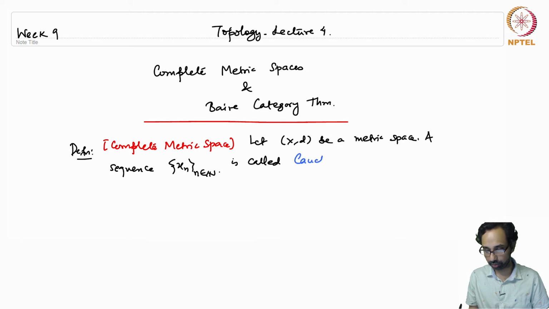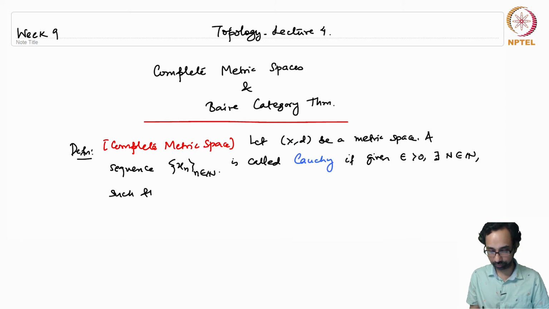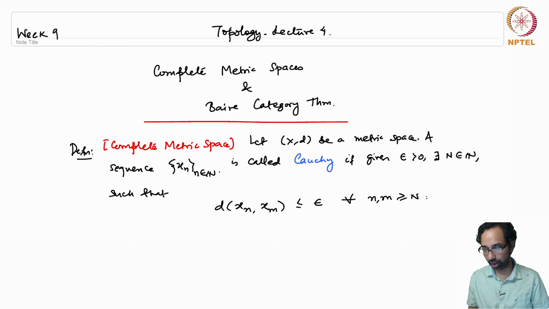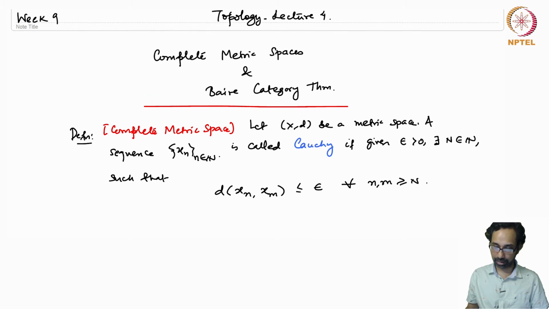This is called a Cauchy sequence if given any epsilon greater than 0, there exists a capital N in the natural numbers such that we have that the distance between x_n and x_m is less than or equal to epsilon for all n and m greater than or equal to N. So what this means is that the distances of points become smaller and smaller as you go along the sequence.